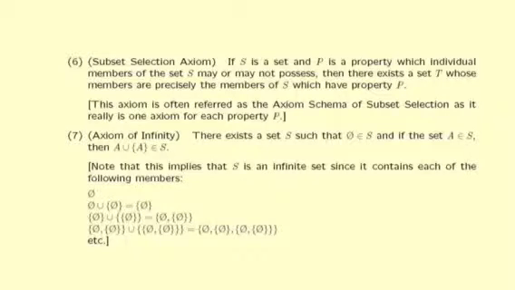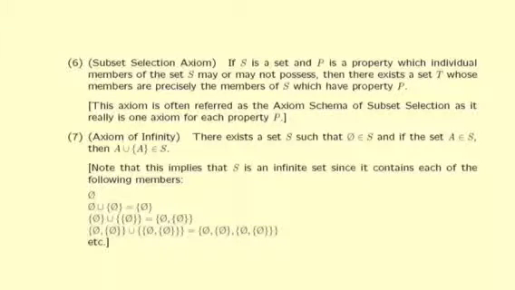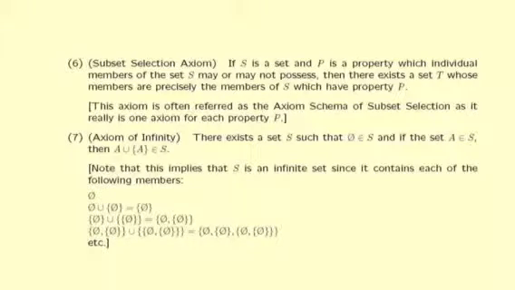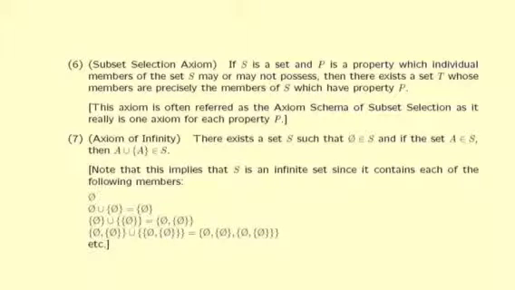So we know that the empty set is in S. We can now apply the fact that you can form this union to see that the empty set union the set with one element, namely the empty set, is also in S. And of course that's just the set with one element, namely the empty set, in S. Don't confuse the empty set with the set having one element, that element being the empty set.